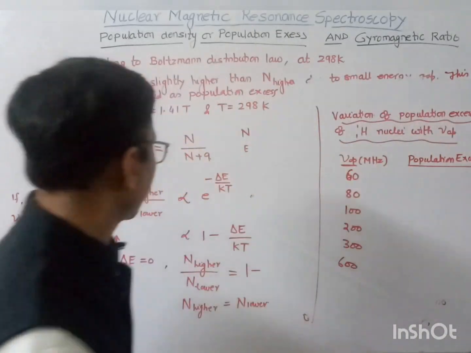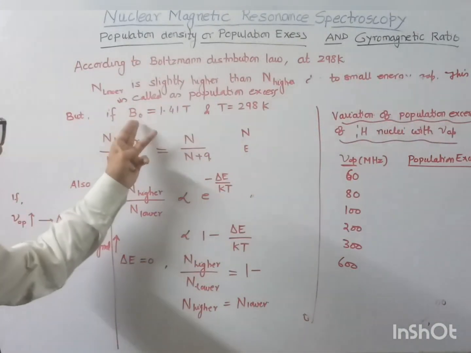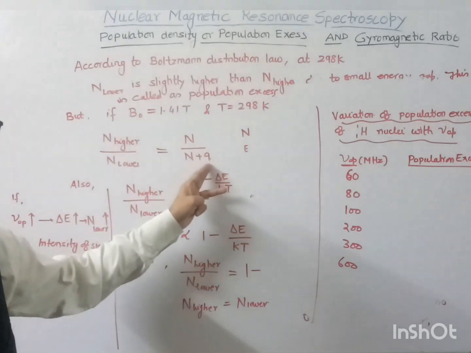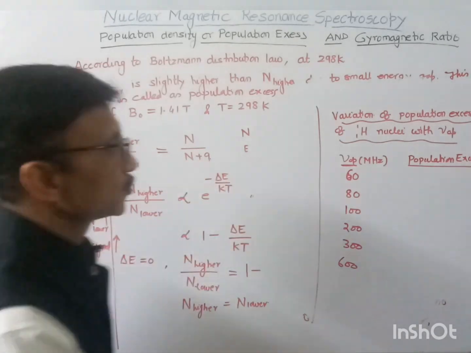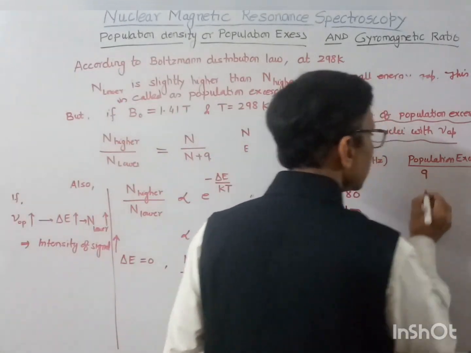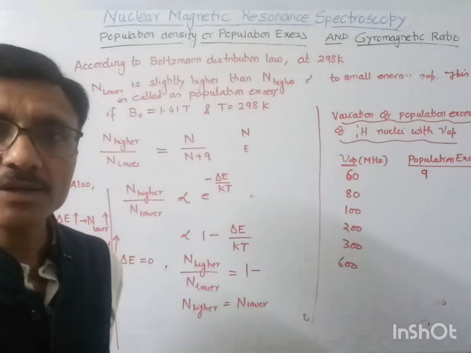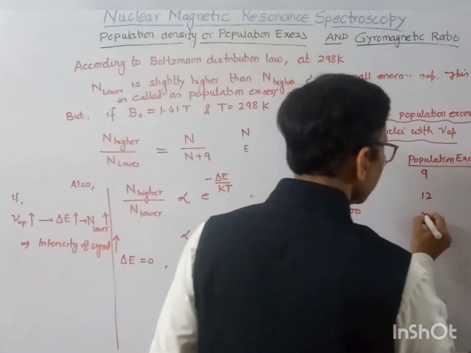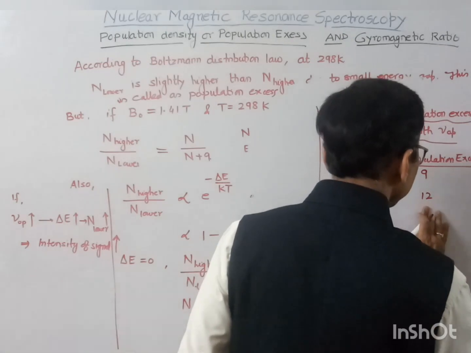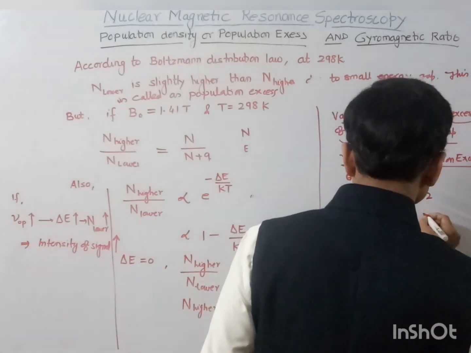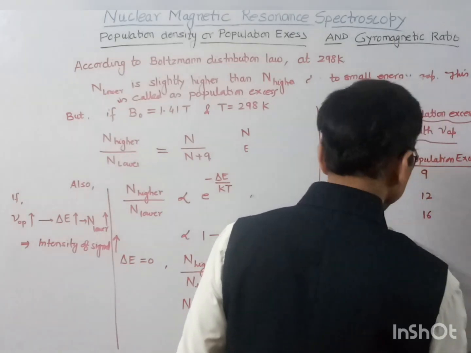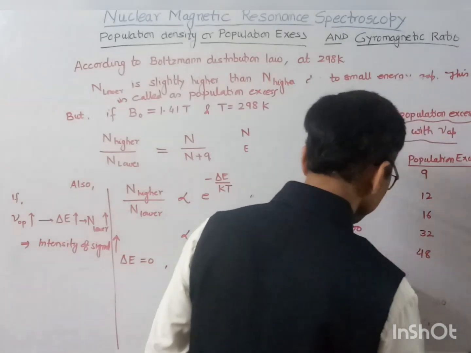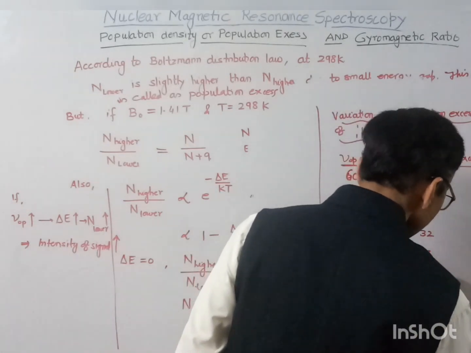So 9 nuclei are present in excess in the lower energy state. At 80 it is 12, at 100 it is around 16, at 200 it is 32, at 300 it is 48, and at 600 it is 96 nuclei.